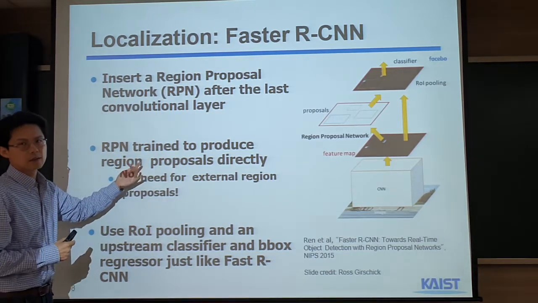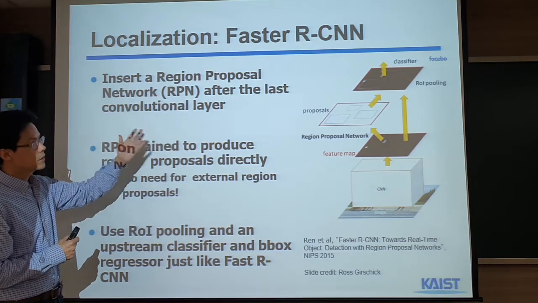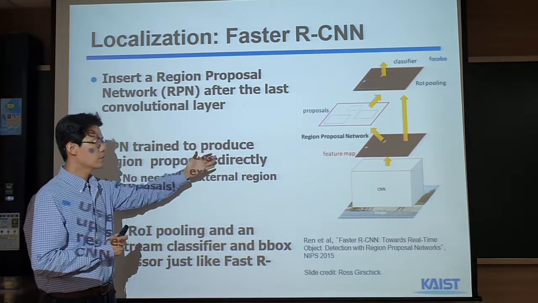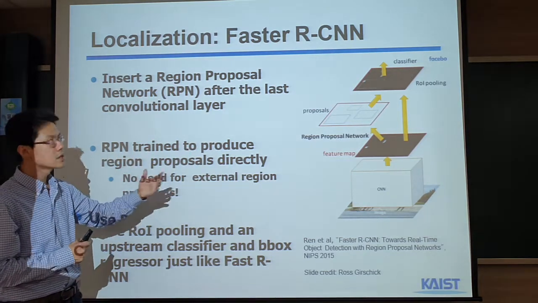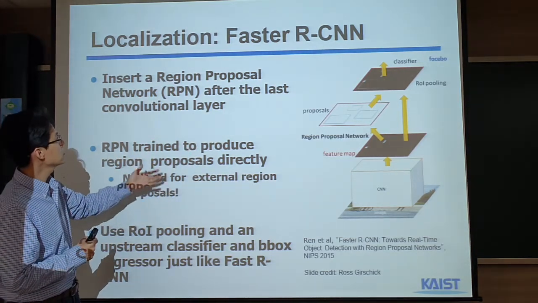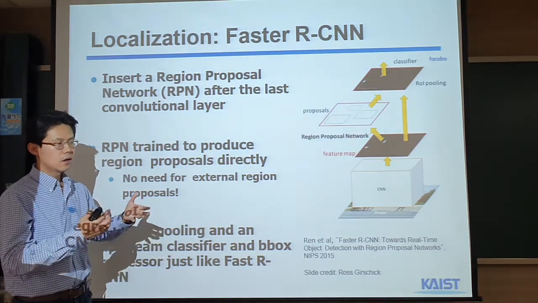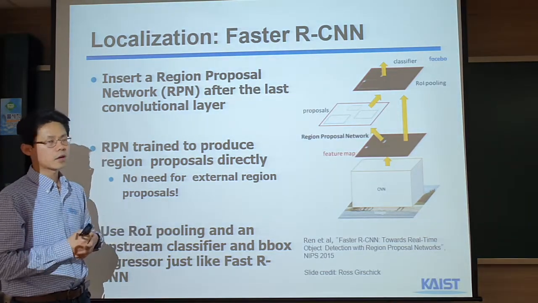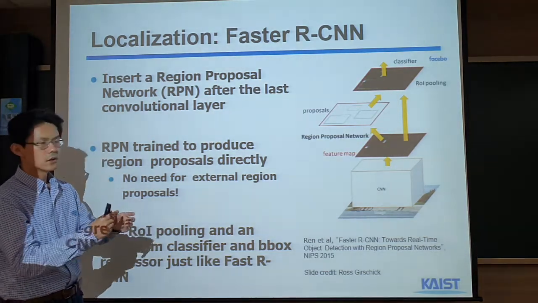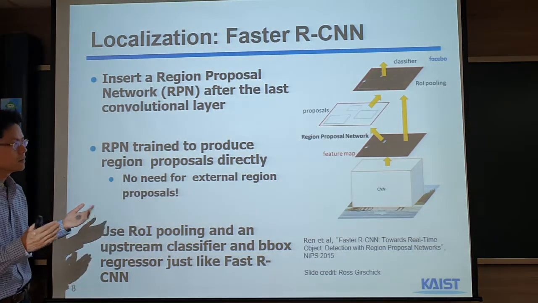We are not going to talk about many other localization papers, but before this paper, a lot of techniques used manually designed region proposal methods. There were algorithms that process the image and propose some regions, but those prior techniques were not deep learning based.